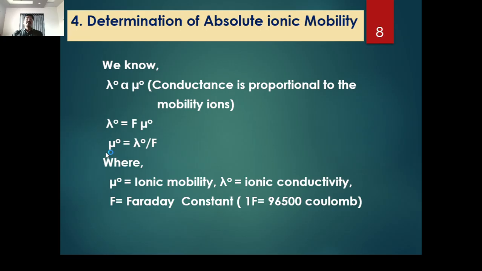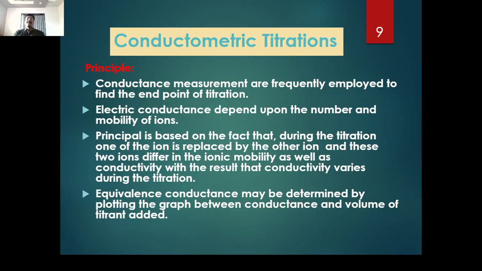So the absolute ionic mobility is equal to lambda 0 divided by F. The conductivity is determined from the Kohlrausch law and is proportional to the mobility, and using Faraday's constant we can determine the absolute mobility of ions using the Kohlrausch law.